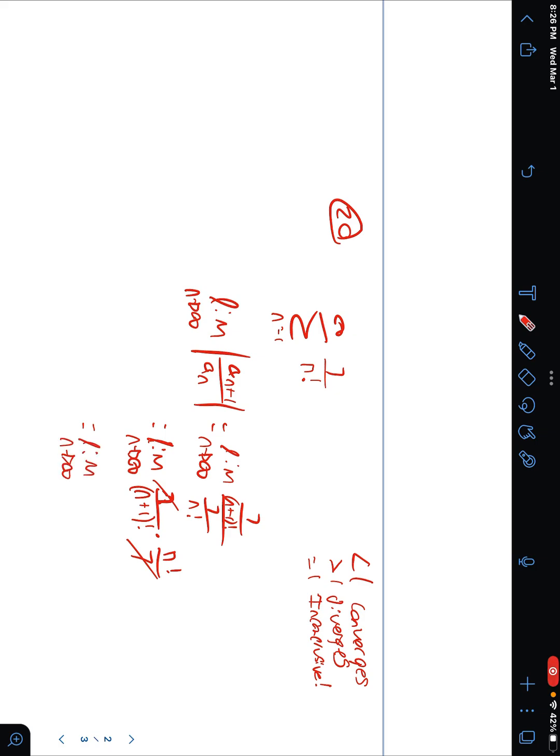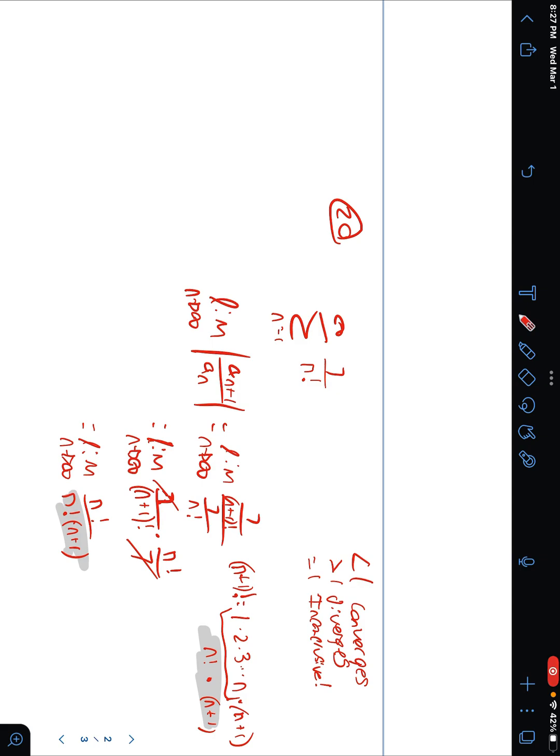We know that n factorial is 1 times 2 times 3 all the way to n. And then n plus 1 factorial is this entire thing times n plus 1. That would be the next term in the sequence. So we're able to rewrite n plus 1 factorial as n factorial times n plus 1, and that is what we got right here.